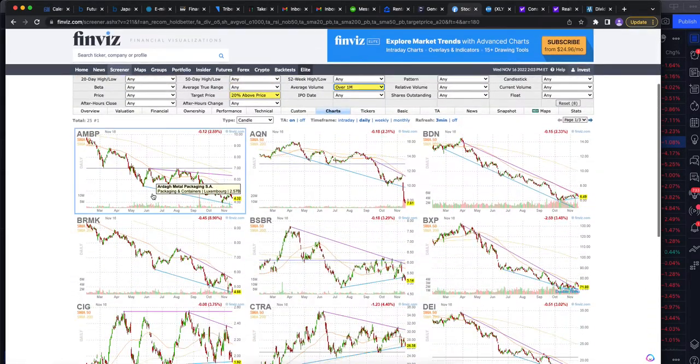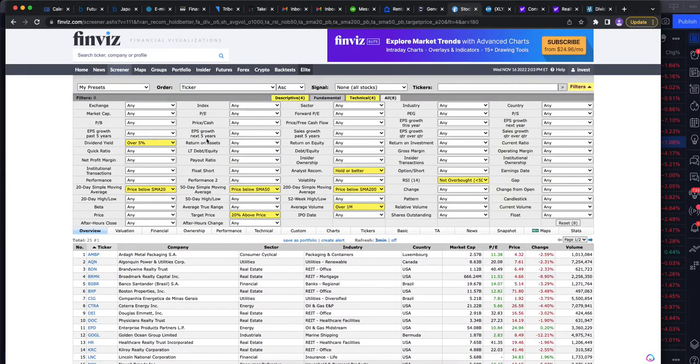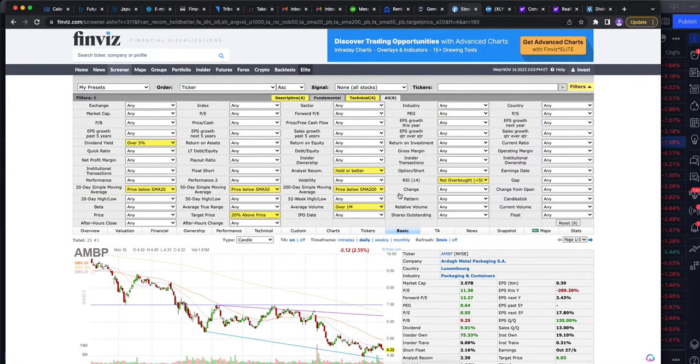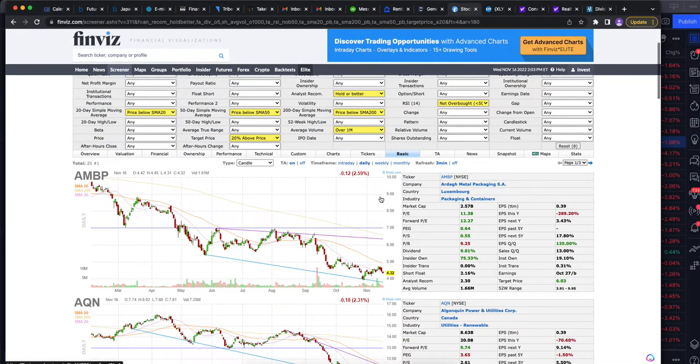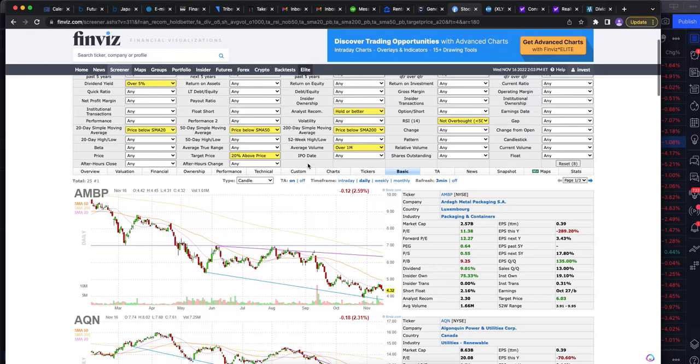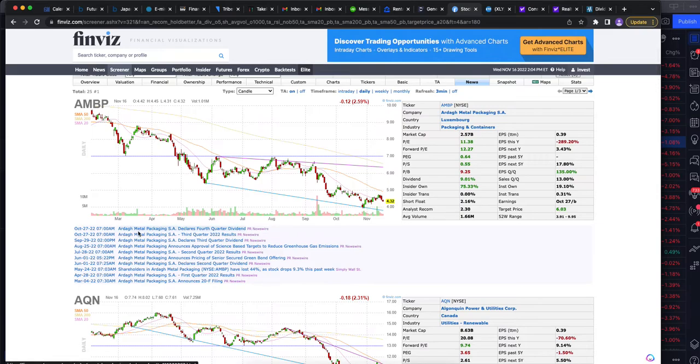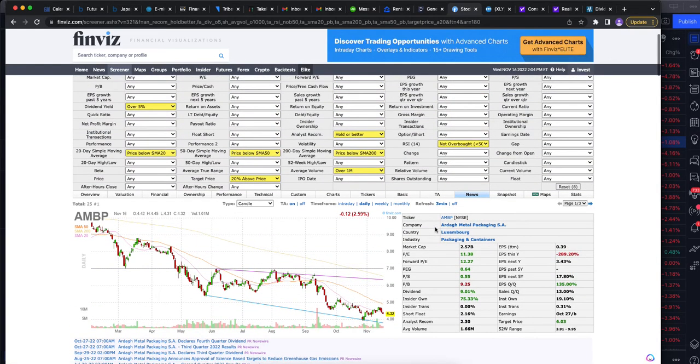And if you want to get a little bit more information, you could push overview. No, go to basic. That can give you a little bit more information. And then you can go to, which one is it? News is cool because now you can see all the updated news. You can just go through the news and see what's going on with the company.